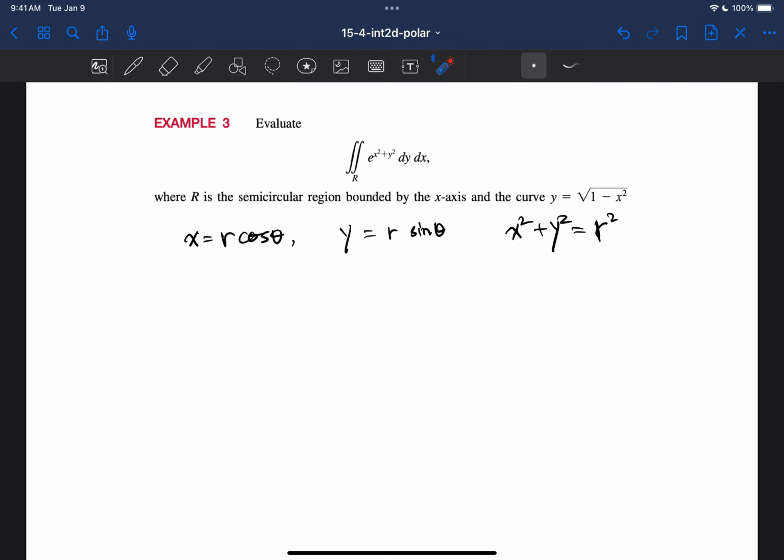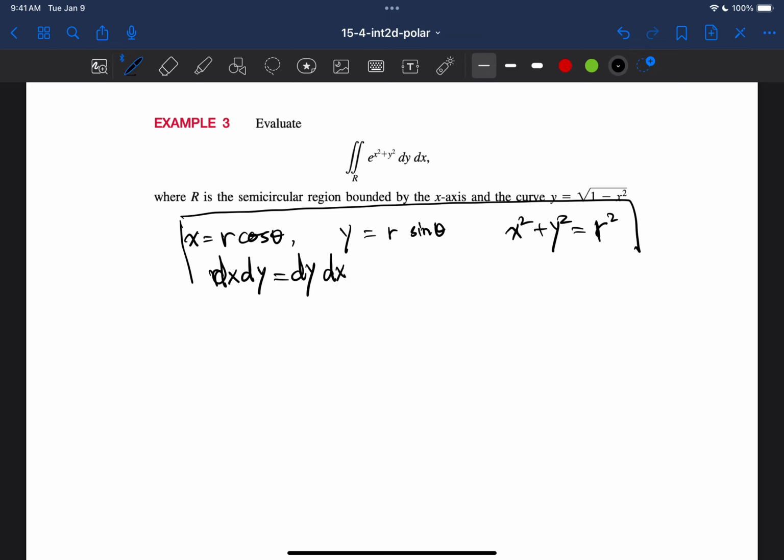If you have a term like this, then probably the polar coordinate system will be the easier choice. Also, dx dy or dy dx is going to be the same as r dr d theta.